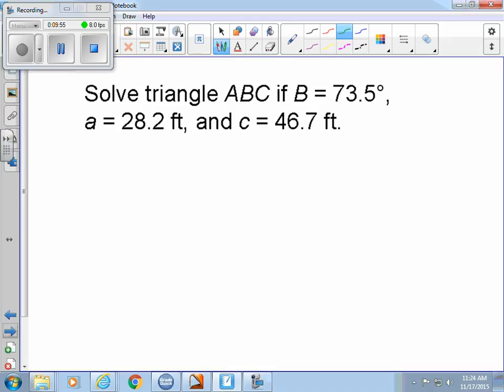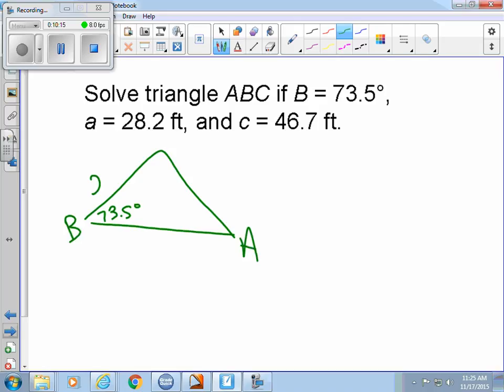I'm going to go ahead and draw a triangle just for fun. This is side angle side. Does everyone agree? A, 28.2, and I have side C, which is 46.7.